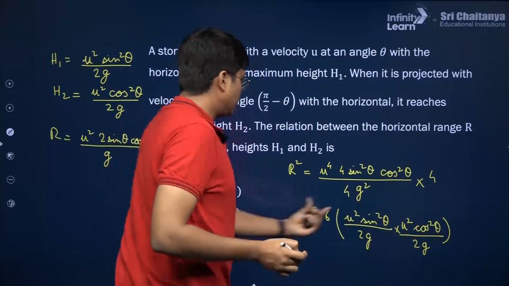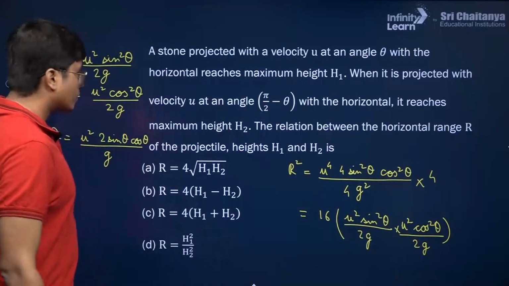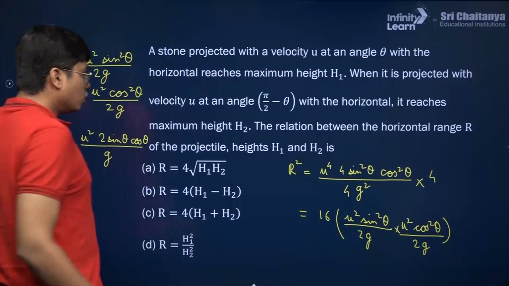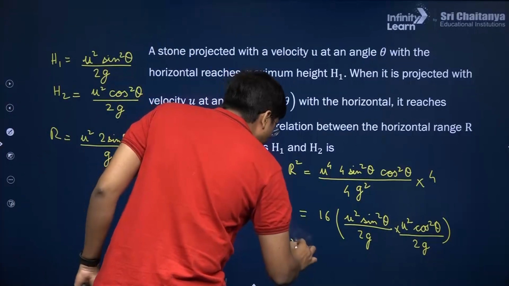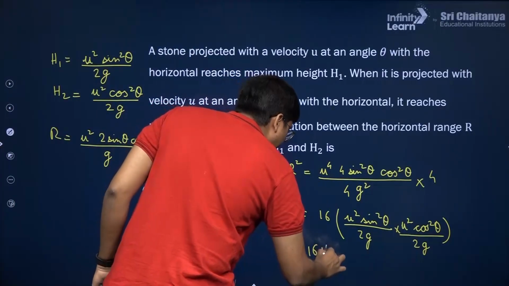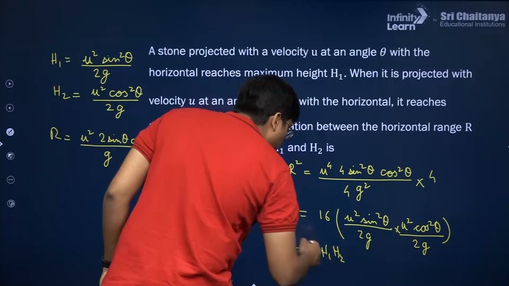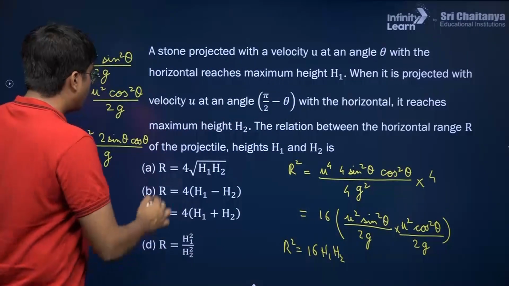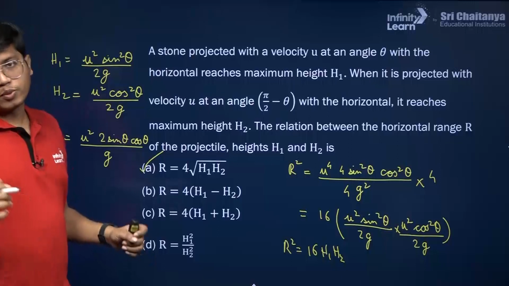Okay, so this is your h1, the second part is your h2. So r square is equal to 16 h1 h2. So root over of this is going to give you 4 root over h1 h2.